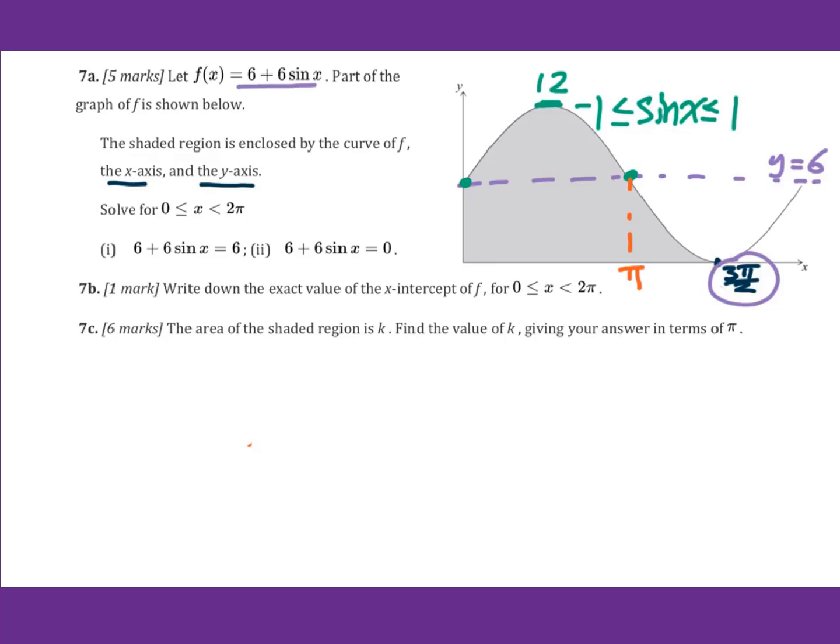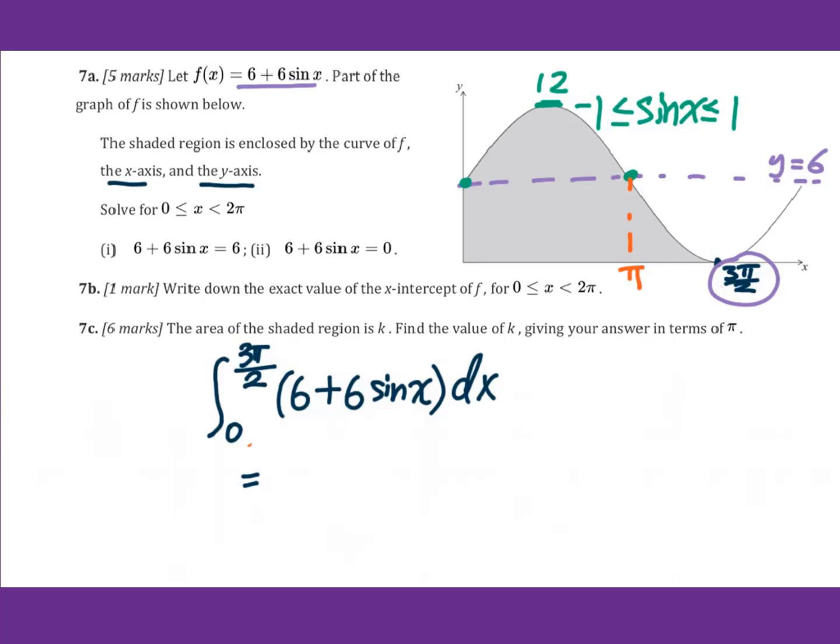Let's go to 7c. The area of a shaded region is k. Find the value of k. Give your answer in terms of pi. The shaded area will be the integral from 0 to 3 pi over 2 of 6 plus 6 sine x dx.